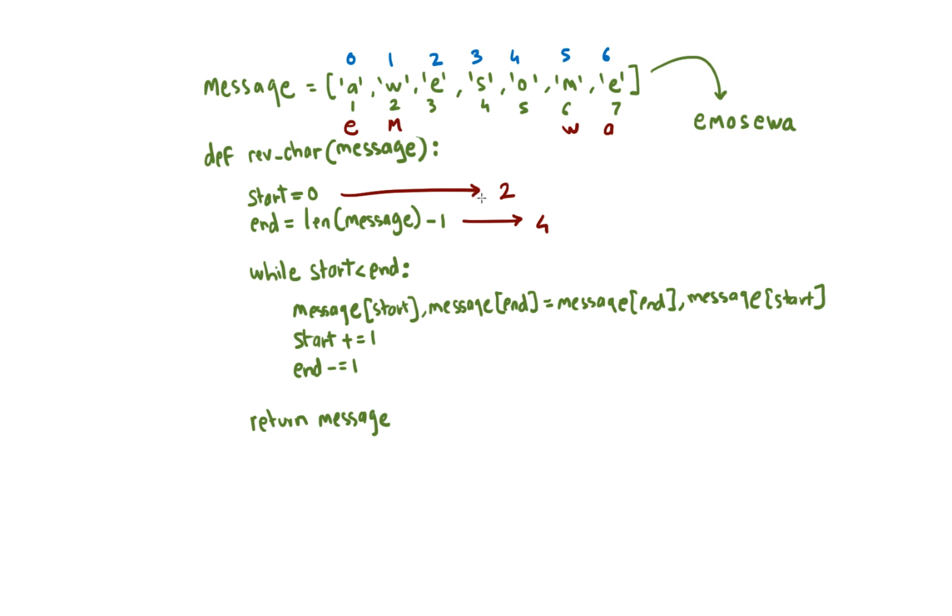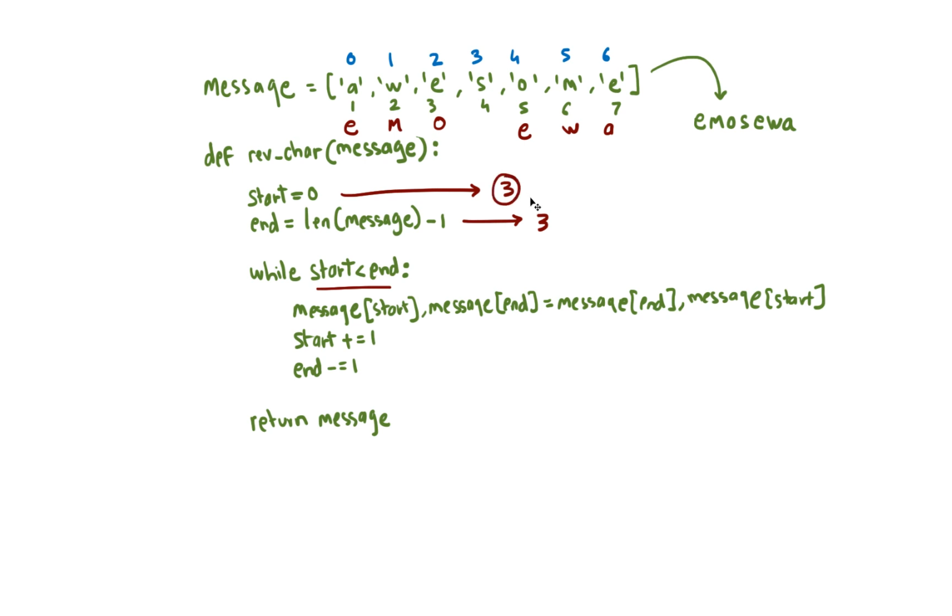Okay, after swapping we increment this by 1 and decrement this by 1. Alright, then we again say 2 is less than 4, start is less than end, correct? So we go and do the same thing once again, swap the characters at 2 and 4. Okay, and then increment start and decrement end. So this becomes 3, this becomes 3. Alright, and then is start less than end?